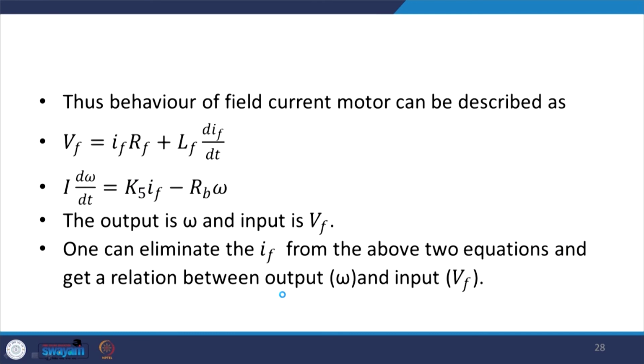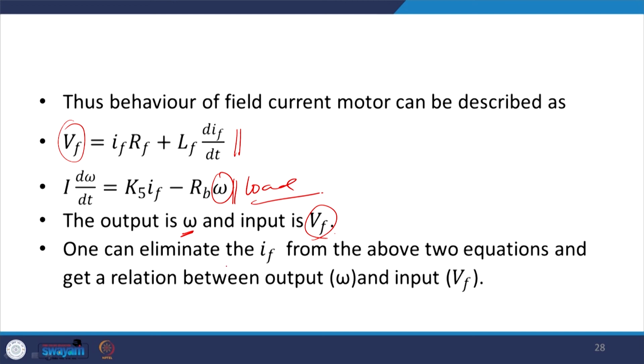So, this is my load equation. So, I d omega by dt is K5 If minus Rb omega, and this is my relationship which I have got from the field winding. So, the output is omega here and our input is Vf.